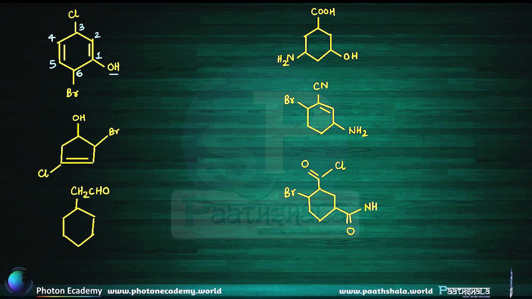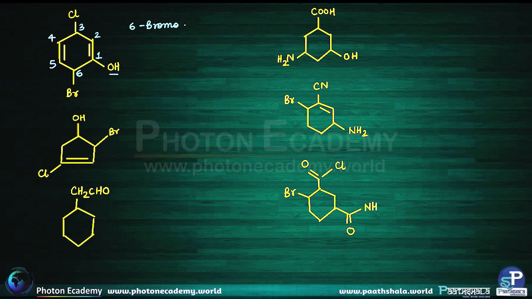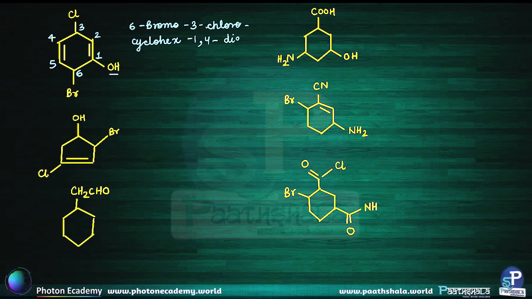The name of this compound now becomes: at 6 we have bromo, so 6-bromo, then at 3 we have chloro, 6-bromo-3-chlorocyclohex-1,4-dienol. This is the name of the compound.